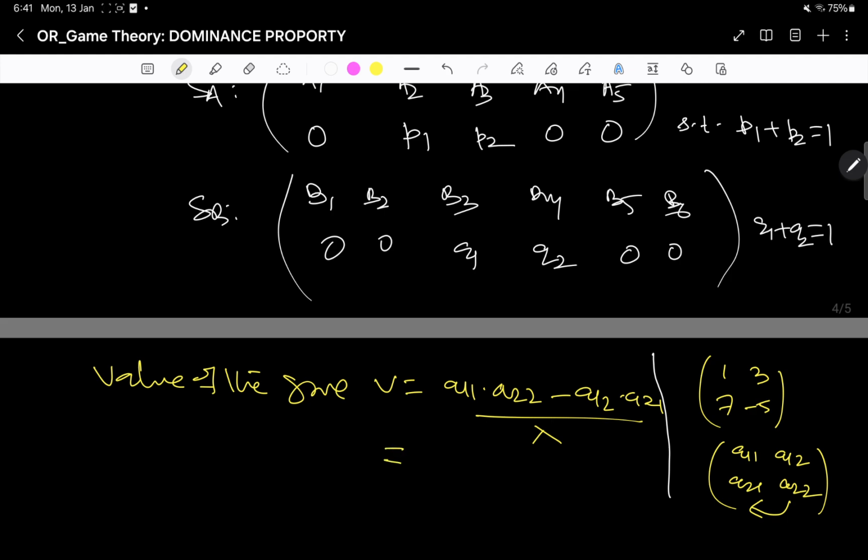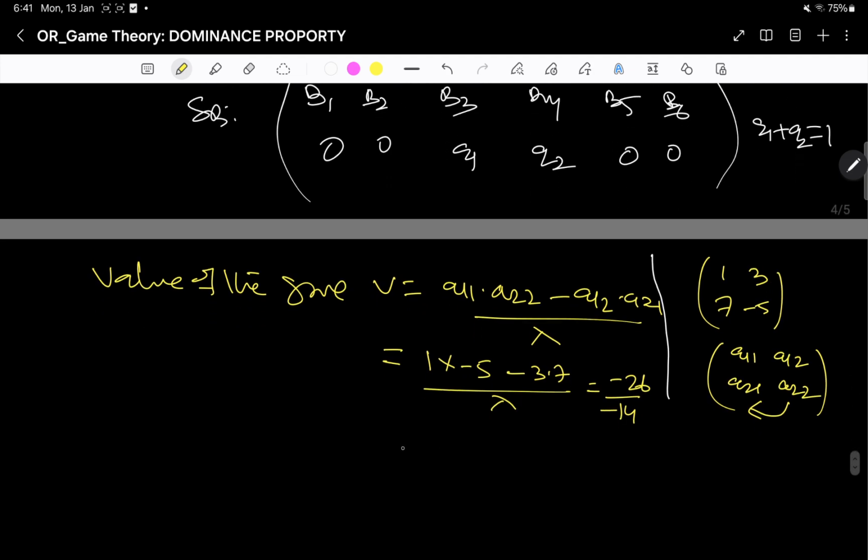If you simplify it, it will be 1 into minus 5 minus 3 into 7, divided by lambda. So that is equal to minus 26 by minus 14, which is 13 by 7. So my value of the game is 13 by 7.